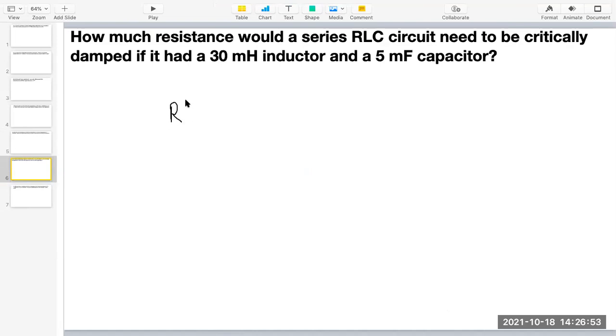So the equation for being critically damped is that the resistance squared must be equal to 4 times the inductance over the capacitance. So resistance is just the square root of 4 times the inductance divided by the capacitance.